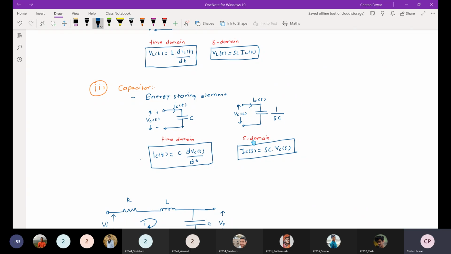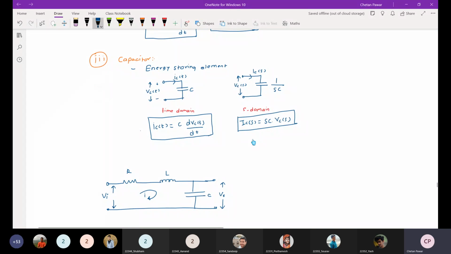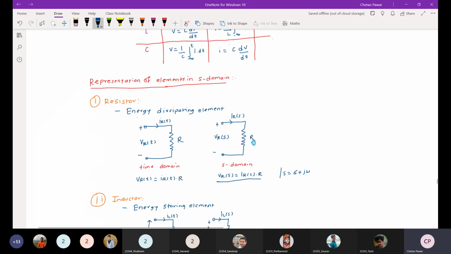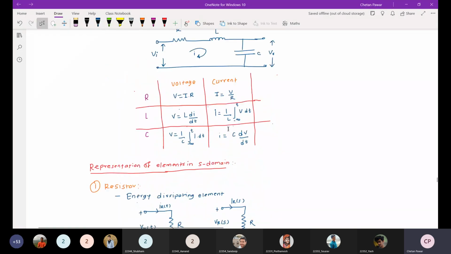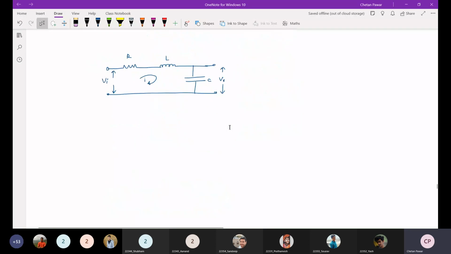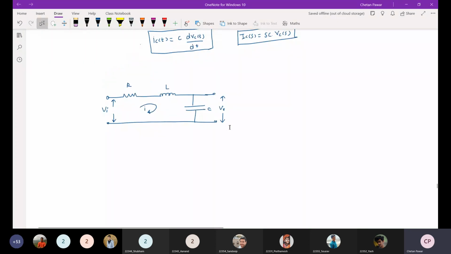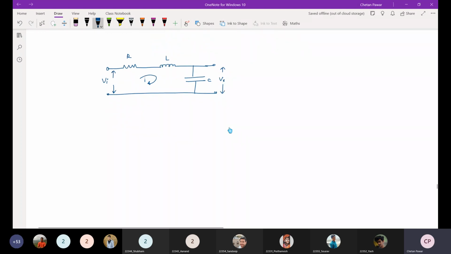So it will be helpful for you to find out the transfer function. Let us move to our problems. We need to find out the transfer function of this particular series RLC network. First I will apply the KVL in the time domain for this circuit.